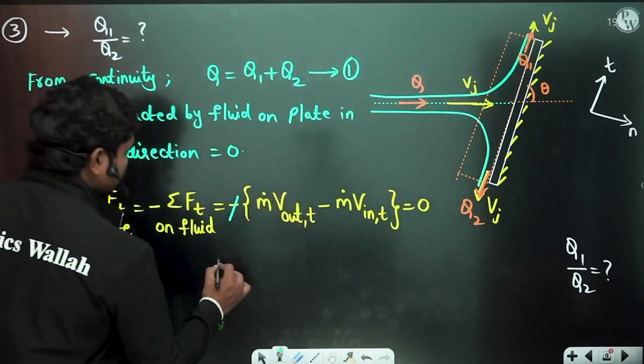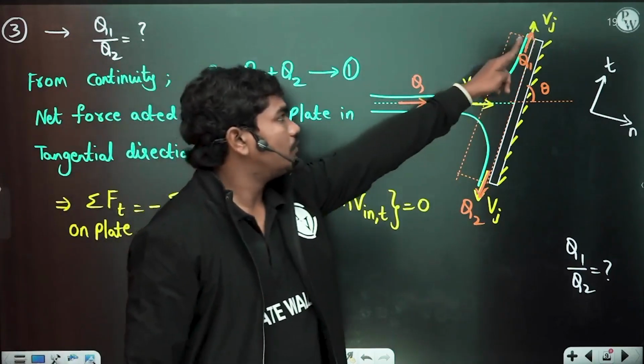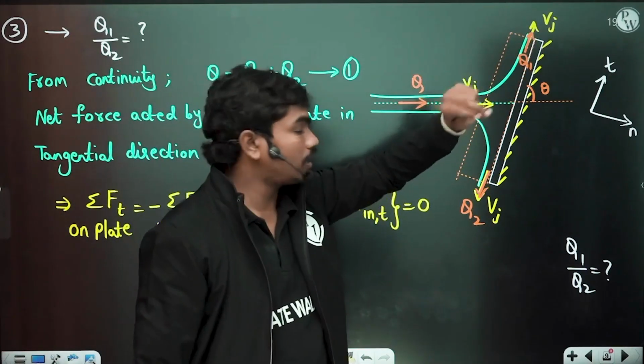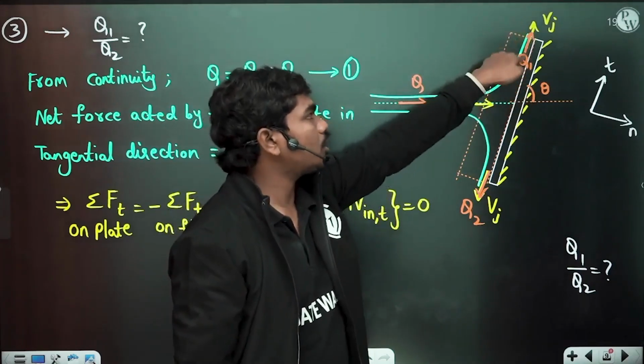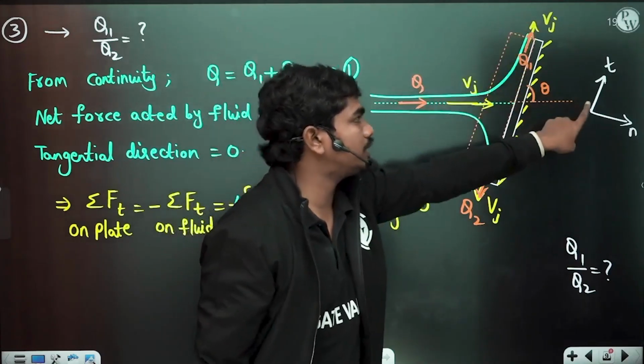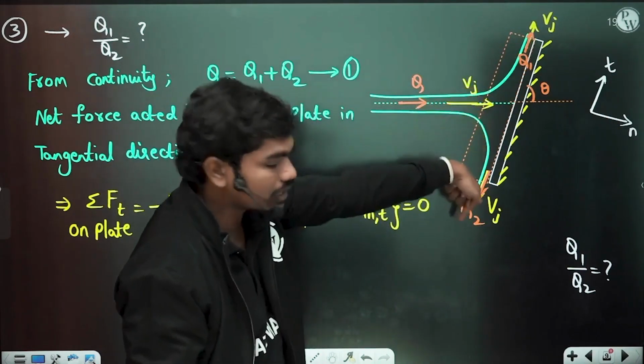So this implies at the outlet, if you see, the fluid is actually having two velocities, I mean the same velocity, but of course in different directions. So you see Q1 amount of discharge is going at positive velocity because t is taken in the upward direction. Q2 amount of discharge is traveling in the negative velocity.